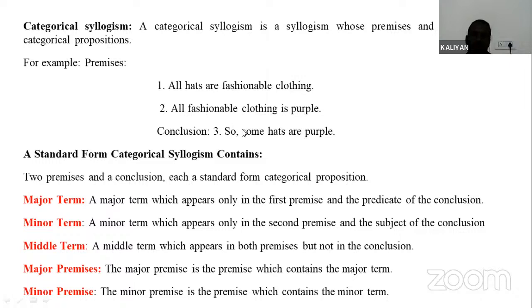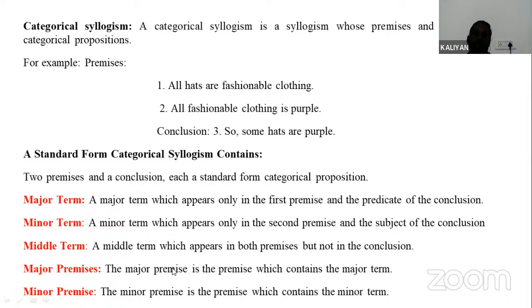So here, the predicate is clothing, and the minor term is purple. And third is the middle term, which appears in both premises but not in the conclusion. So fashionable is the middle term. It appears only in the premises, not in the conclusion. In the conclusion there is no word 'fashionable'. So that is the middle term.